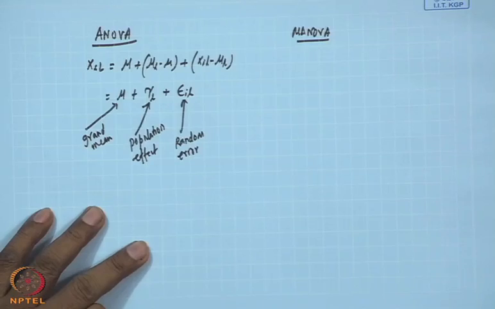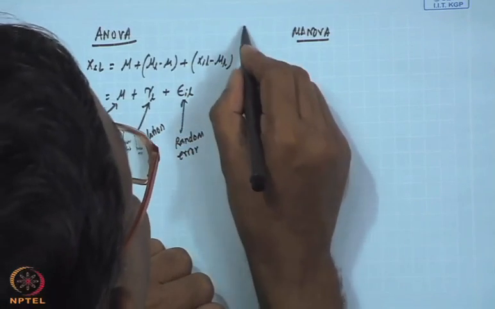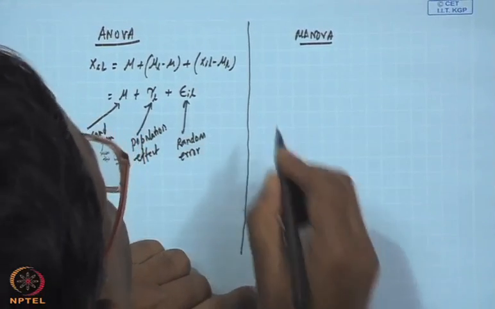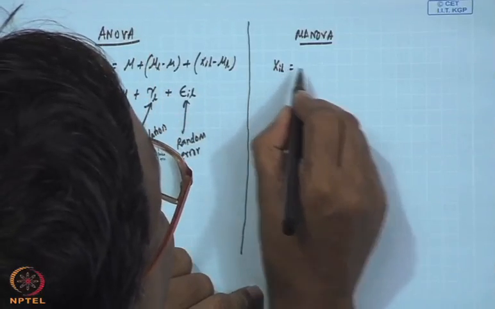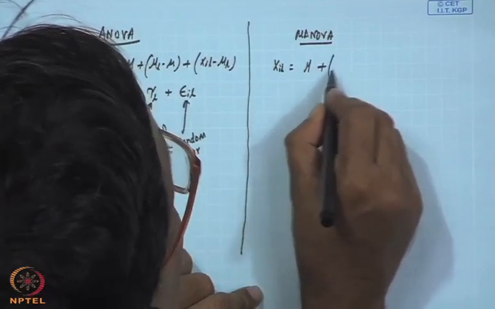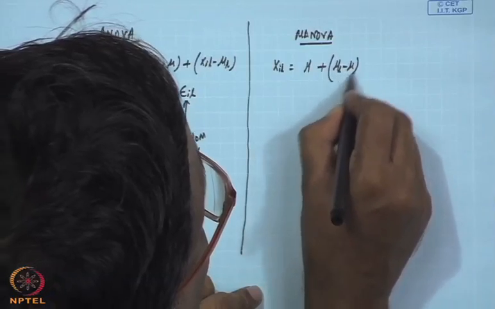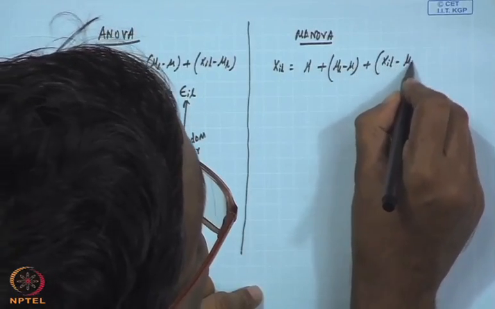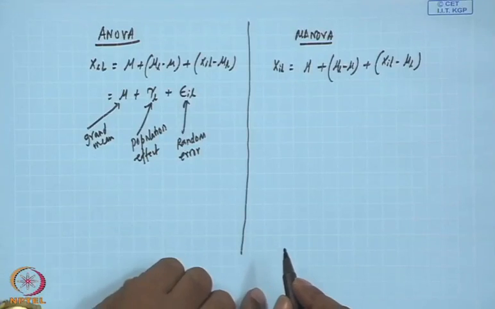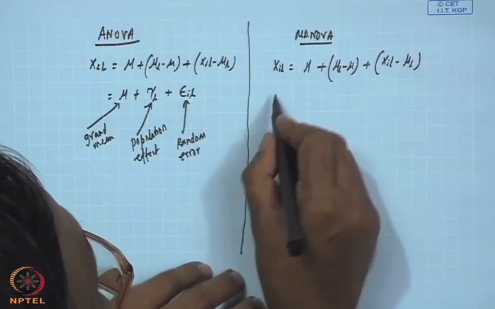Okay. So, the same partitioning is possible in MANOVA. What we will write? XIL equals mu plus (mu L minus mu) plus (XIL minus mu L). It is similar.